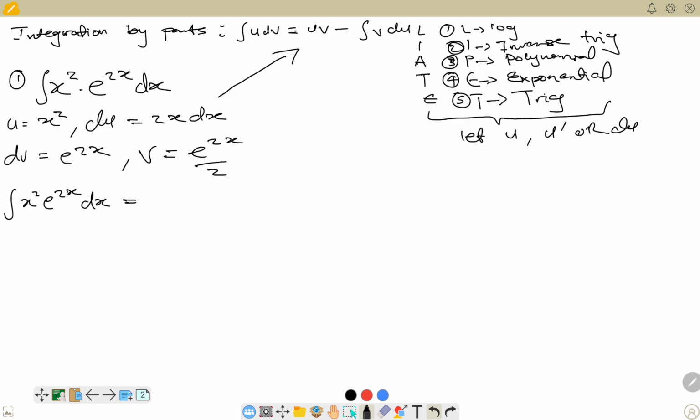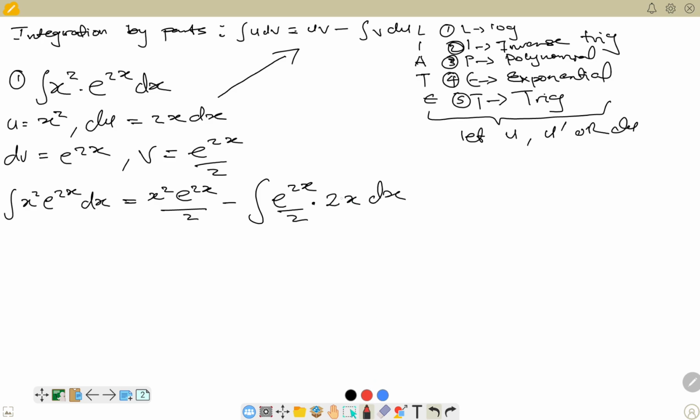Then in the place of u, we substitute x squared. In the place of v, we substitute what we found to be v. Then in the place of du, we substitute 2x dx.